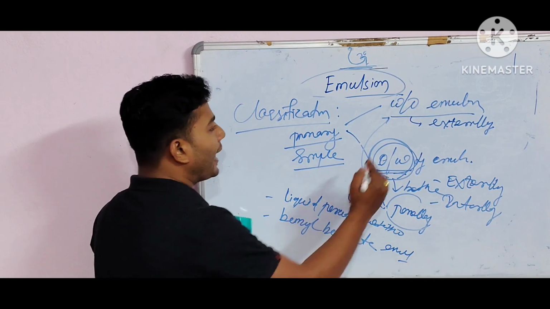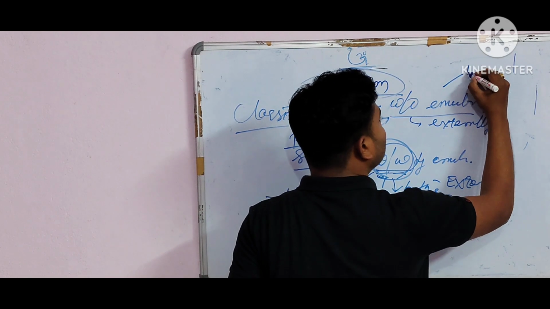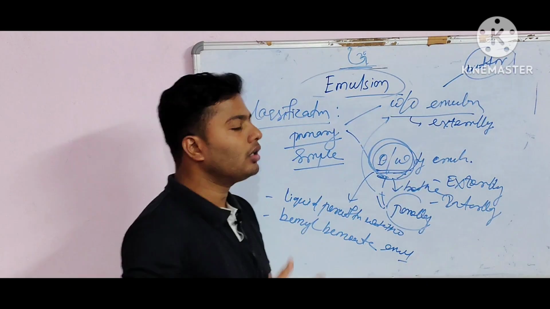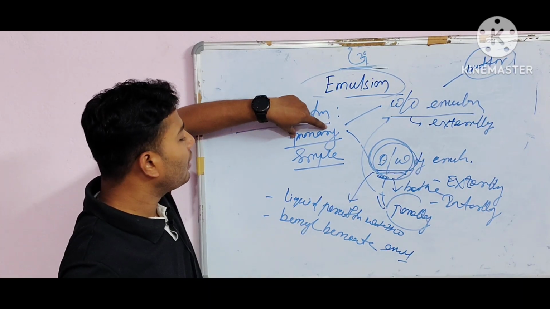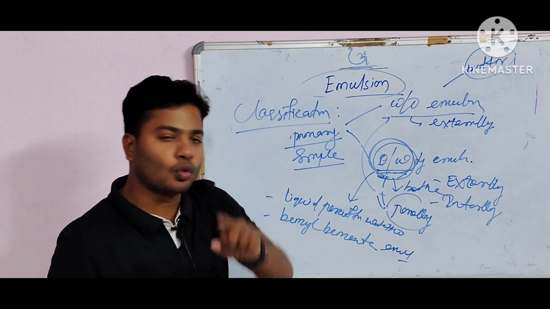Clear? An example of W/O type of emulsion is butter, because the oil is more. Clear? So according to the primary or simple emulsion, it is classified into two types.